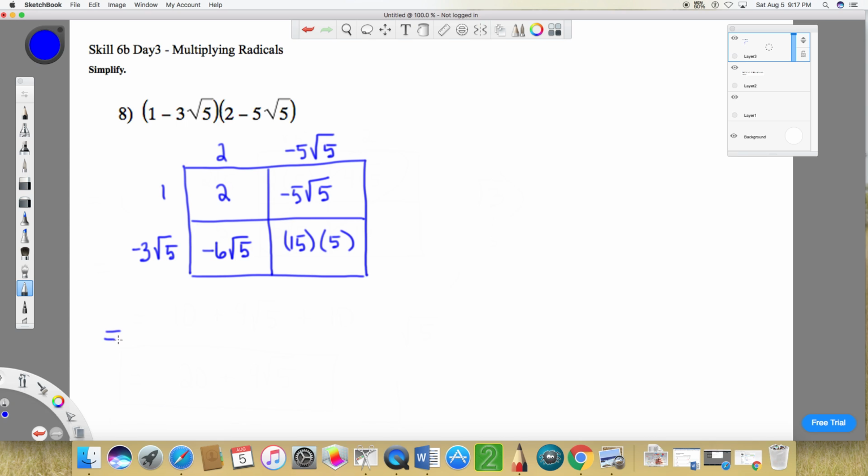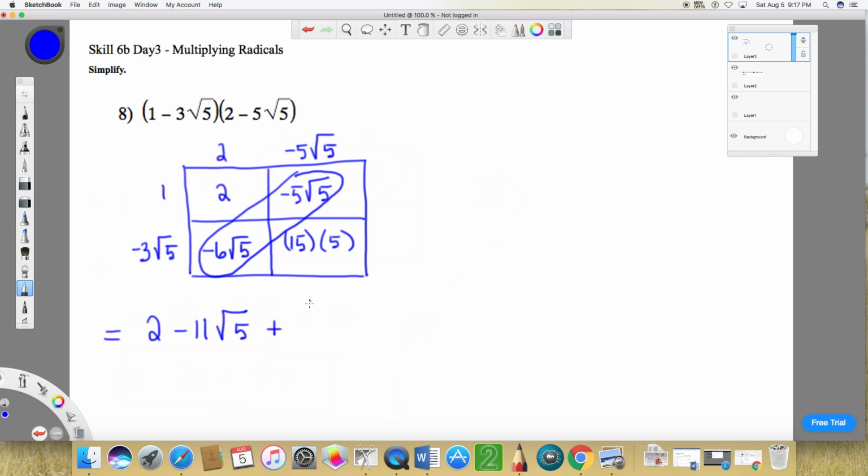All right, so what do we have? Well, along this diagonal, we have like terms. And we actually have like terms along the other diagonal as well. They're constants, but I'm going to have to multiply the 15 times 5, so I'm just going to do it down here below the table. -6 radical 5 and another -5 radical 5 gives us -11 radical 5.